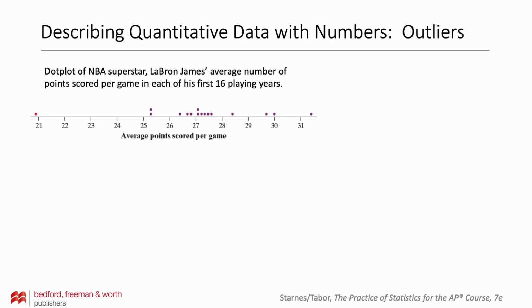Now, outliers are data points that fall far from the rest. They might be mistakes or interesting anomalies. We detect them by using what's called the 1.5 IQR rule. For example, in this one, it says LeBron James' rookie and peak scoring seasons are outliers in the overall performance.